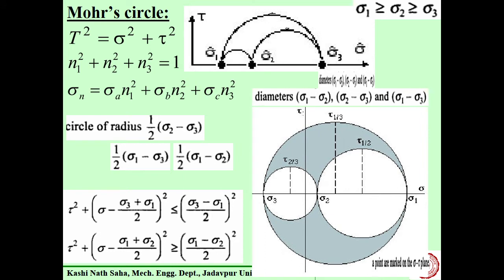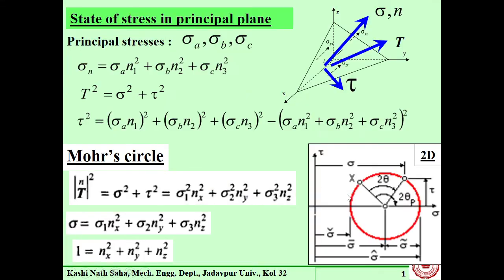And that way, the radii of these circles also cannot be arbitrary. Actually, the radii are given by these sigma 1, sigma 2, sigma 3 values we have already seen in our MATLAB program. So these equations come basically from the expression of sigma and the expression of tau.